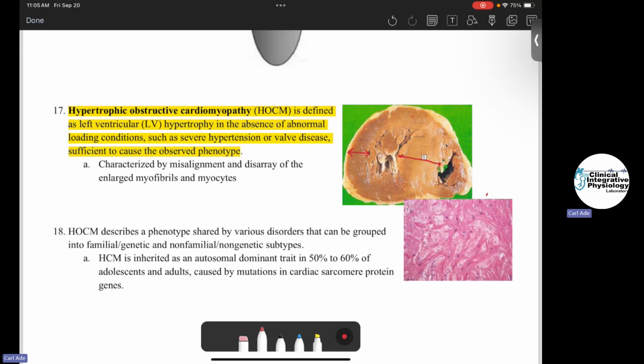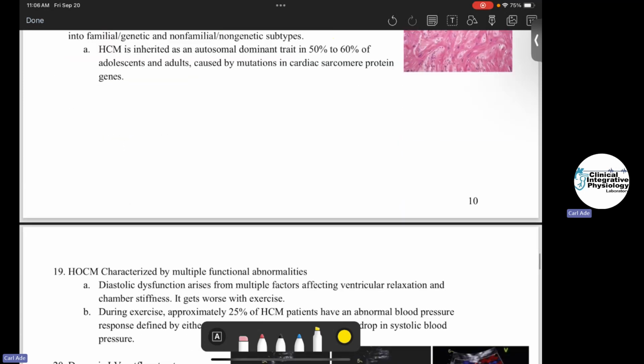And if we actually go in and look at the cardiomyocytes, it's almost like a plate of spaghetti here. Misalignment and disarray of those myofibrils and myocytes. Poor connections, not a nice path. This is an inherited disorder because there's a familial and major subtype, but it's not always the case.